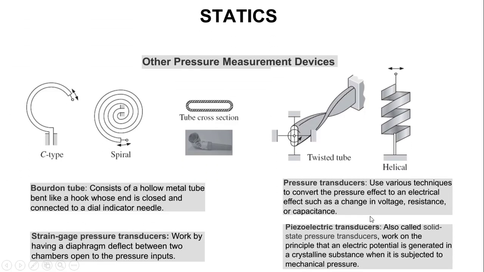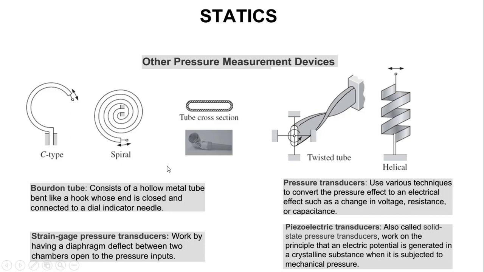So in conclusion, in some other industries we might not use manometers to measure pressure. There are other devices that we can use to measure pressure, depending on what type of pressure we want to look at.